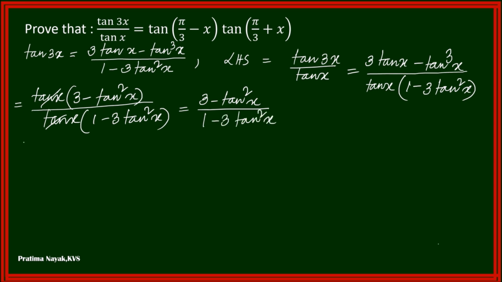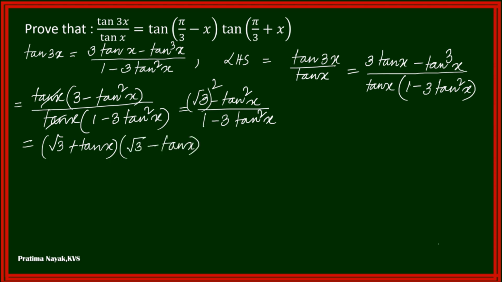Now both the numerator and denominator will factorize using the formula a square minus b square. So the numerator will be, 3 is root 3 square, so it will be root 3 plus tan x into root 3 minus tan x.